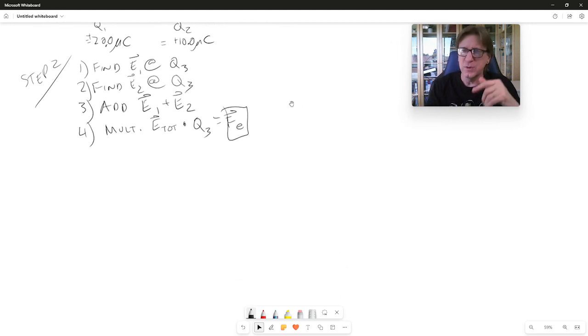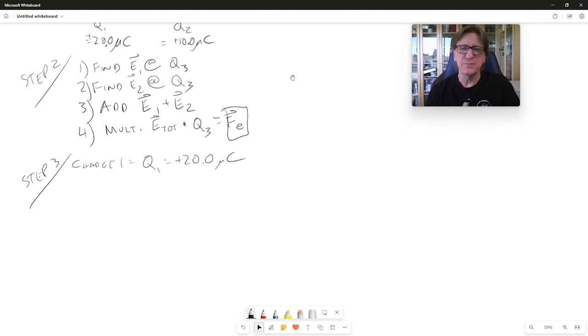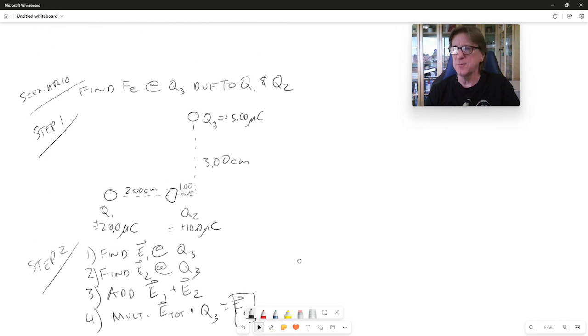We'll come back and forth to our picture here. But step 3, we want to write down all our symbols. Well, okay, we have charge 1, and we called that Q1, and we know that that is positive 20.0 microcoulombs. And you can see that right here.